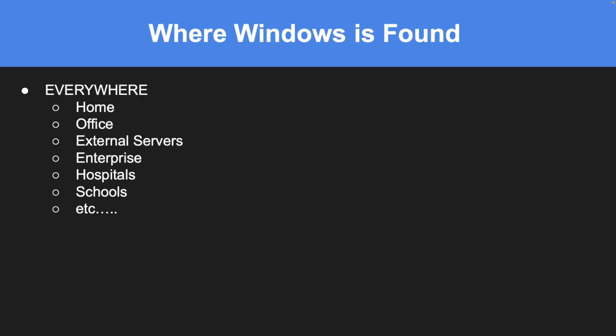So it's safe to say that it's a very ubiquitous operating system, since it has most of the market share compared to things like macOS, which I'm using to record this video, and Linux, which some of you may be using.